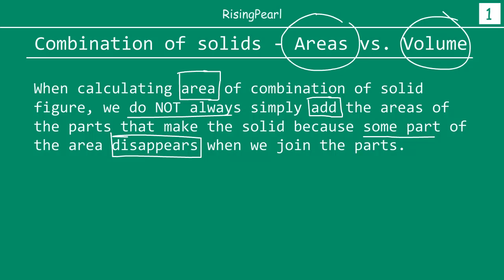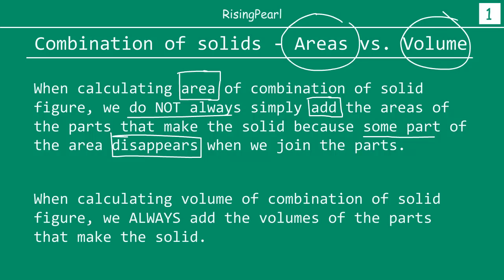In the last 5 episodes, over and over again we came across examples where we simply did not calculate the total surface area of the parts and just add them. Why? Because when you combine the parts, some parts of the area disappear. So we have to be aware of which parts disappear and ignore those areas when finding total surface area. This is true when it comes to finding area of a combination of solids.